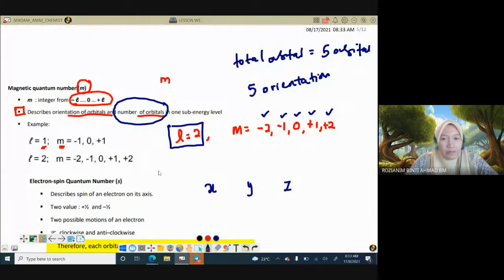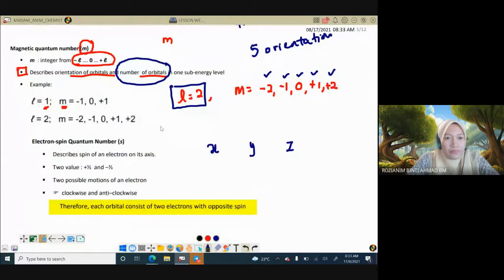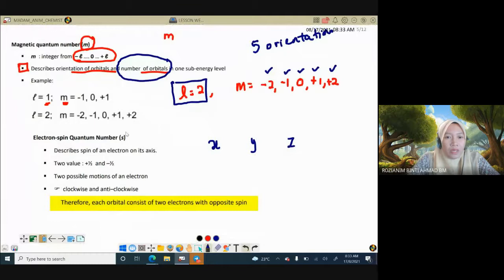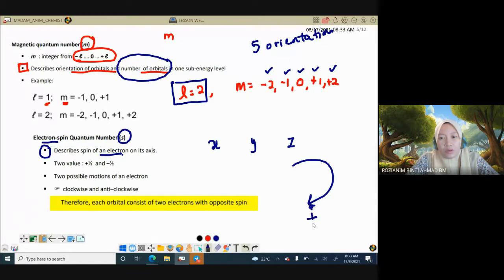Okay? And the last part, number 4, we can call electron spin. So s small letter. So this function is used to describe the spinning motion of electron. So spin dia 2 je. So kalau electron to move clockwise, so nilai dia adalah positive half.